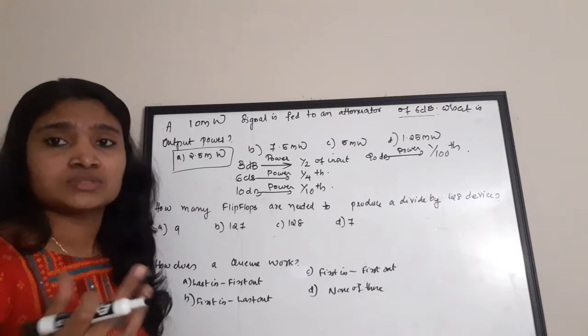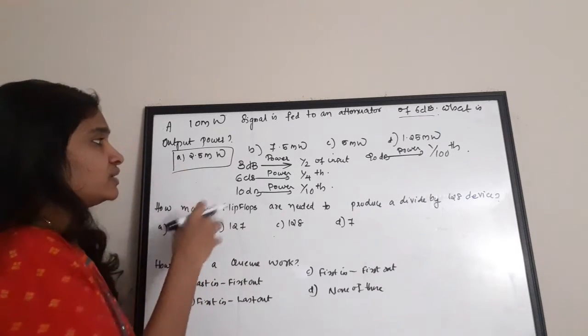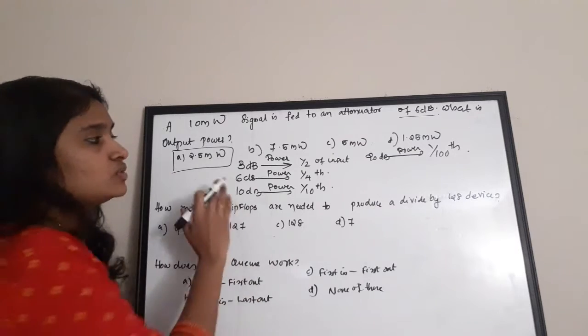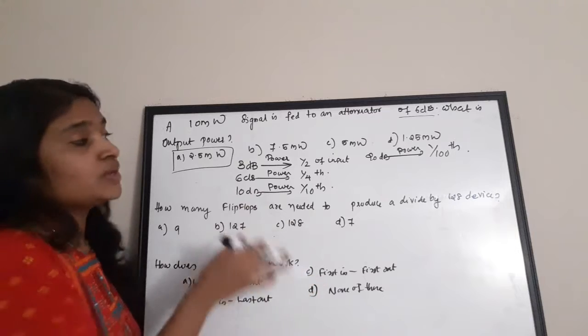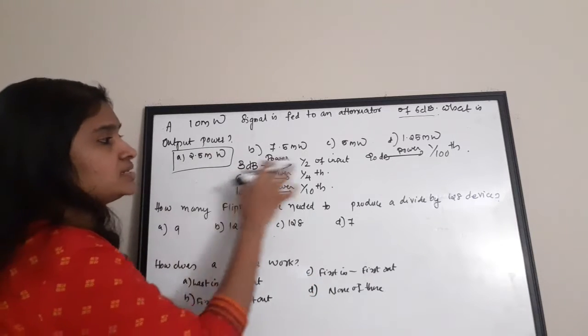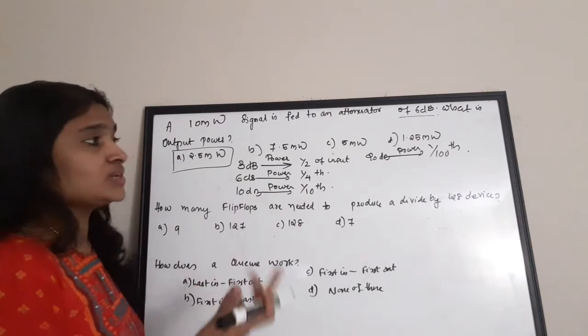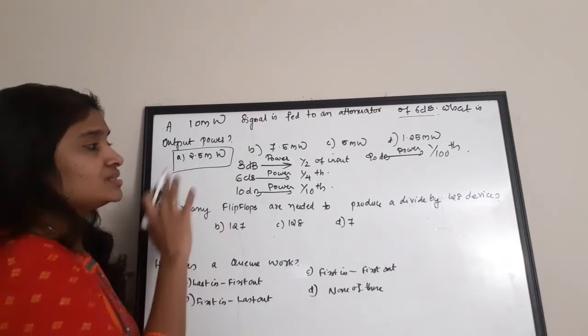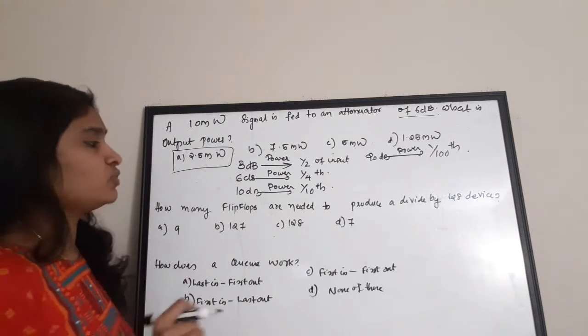An attenuator is generally used for suppressing the signal, right? So the output power will be lesser anyway. So this much degradation will happen for these dB values. For 3 dB it is half the input, 6 dB it is 1/4 the input, 10 dB means 1/10, 20 dB means 1/100. Okay, so this is the relationship, and the answer for this question is A, which is 2.5 milliwatt.